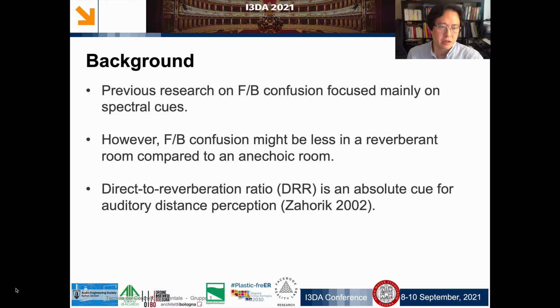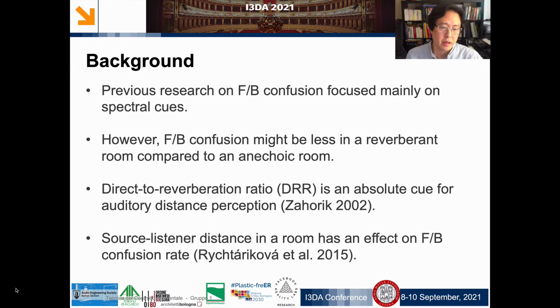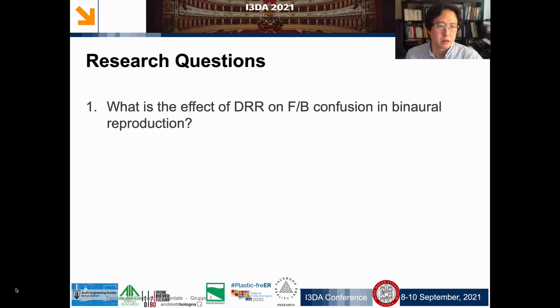As widely known, the direct-to-reverberant ratio, in short DRR, is an absolute cue for auditory distance perception. And previous research found that source-listener distance in a room has a certain effect on front-back confusion rate. So the first question we asked in this present study is, what is the effect of DRR on front-back confusion in binaural reproduction?